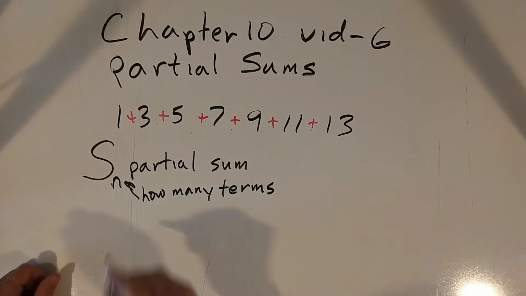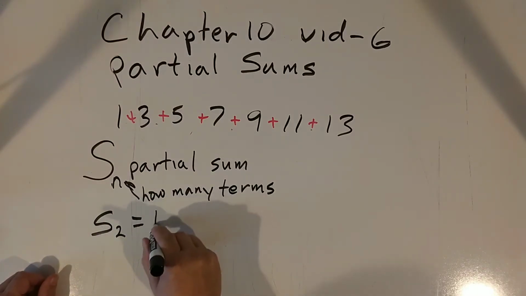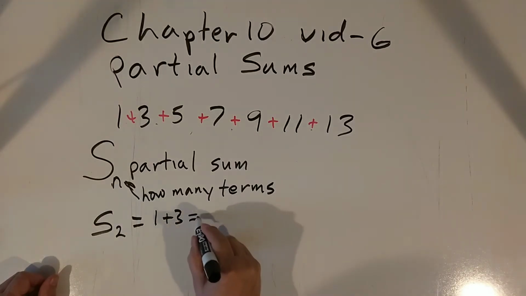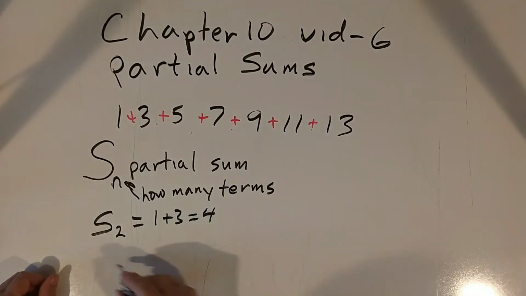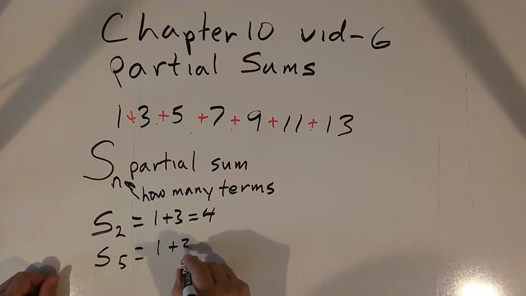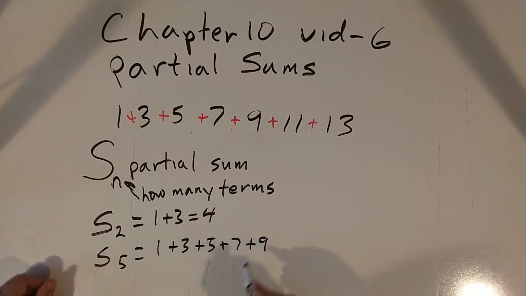So let's look. S sub 2 would be 1 plus 3, first term and second term, which would give me 4. S sub 5 would give me 1 plus 3 plus 5 plus 7 plus 9. Notice 5 terms.